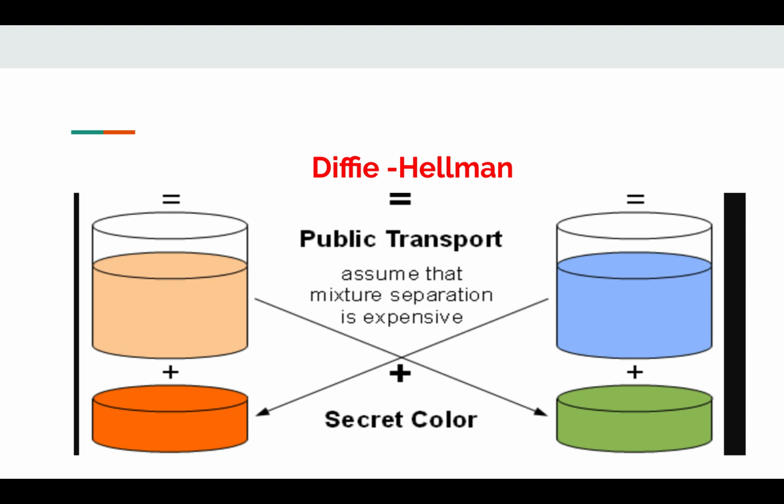Once Alice and Bob have the other's mixed color, they will mix once again with their own private color. Alice will mix the blue color with her orange, and Bob is gonna mix his private green color with the brown kind of color.